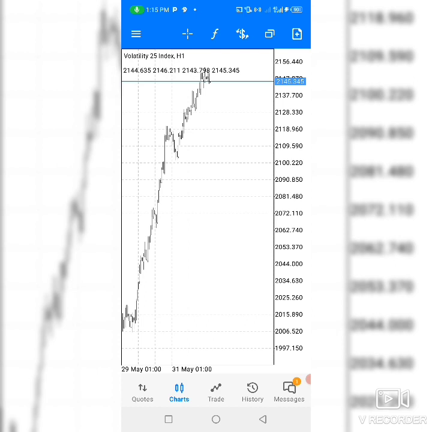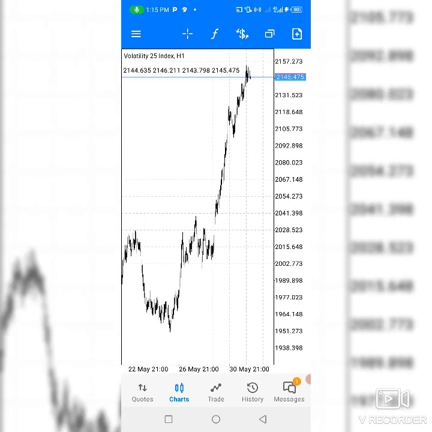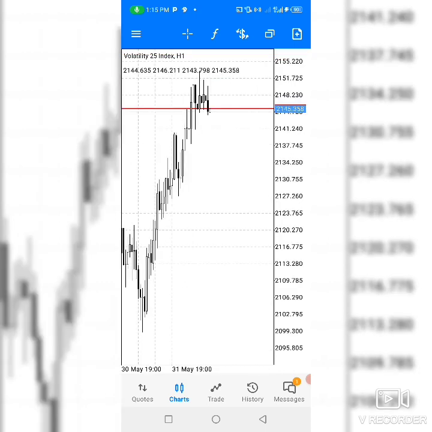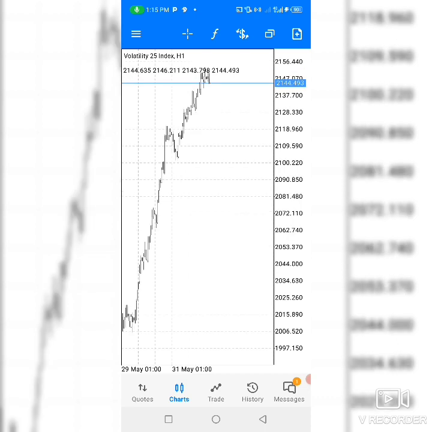On volatility 25 index, we notice that the market is overbought. It has been buying, and where it is, it is actually showing a buy signal, but at that price we can't take the buy because it is overbought.